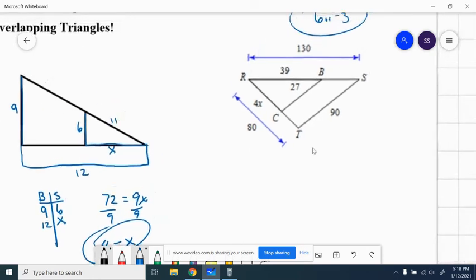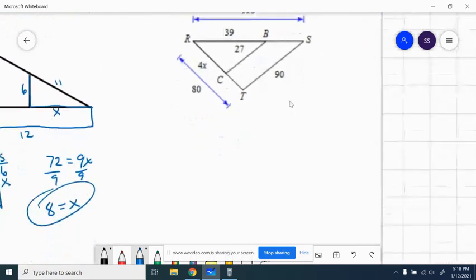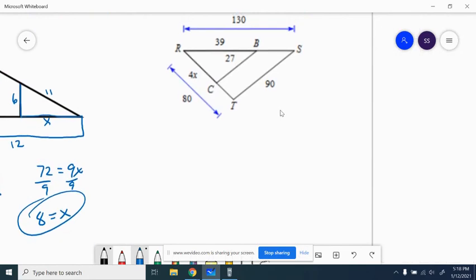Okay, last one. Okay, again, we have a set of overlapping triangles, right? We've got this big triangle out here, and we've got this other triangle right on top of it. Okay, hopefully you can see that. Okay, so let's set it up.